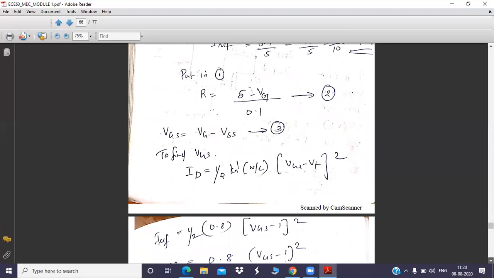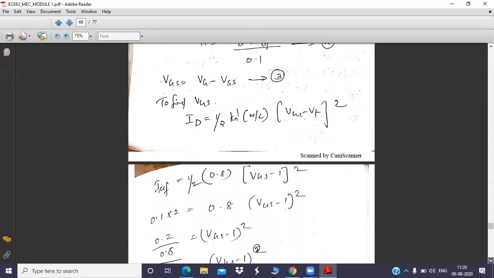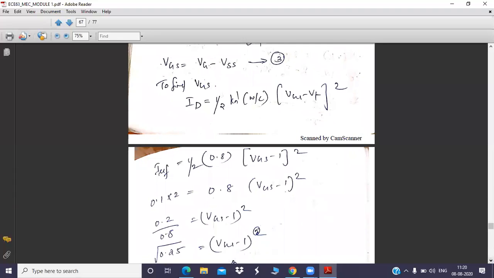We have already done the same method in the previous classes. I think 8 to 9 problems we have done. So you will take the same equation. Why did you take this particular equation? Can anybody tell? Because this is a condition for triode or saturation.